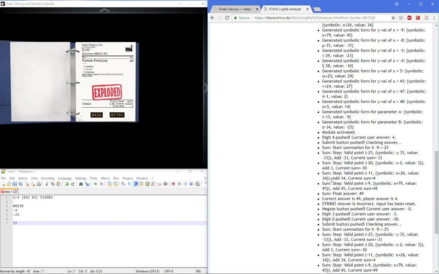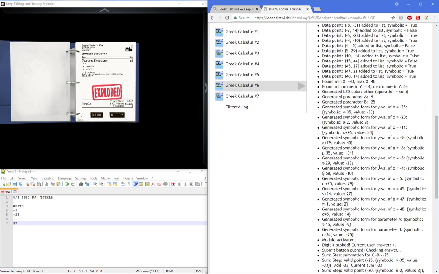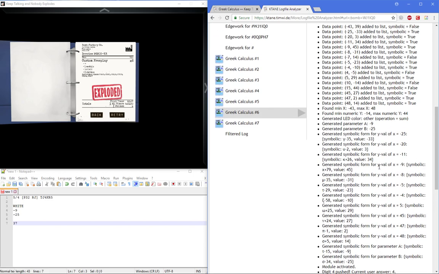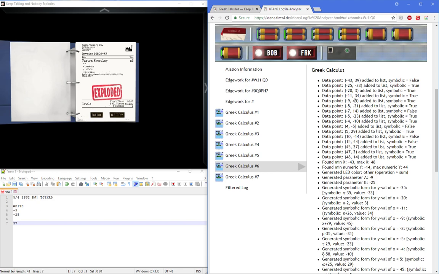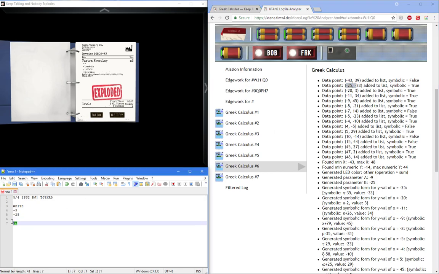Yeah. So -9 to -25. So this is all the data points. -25 is -33. So -33 to 3 to 45.